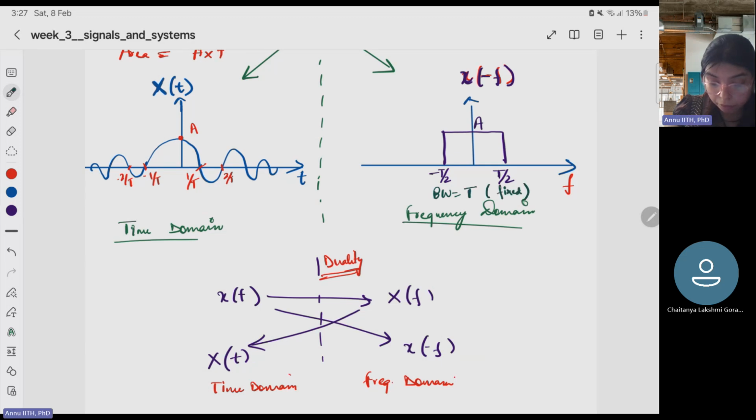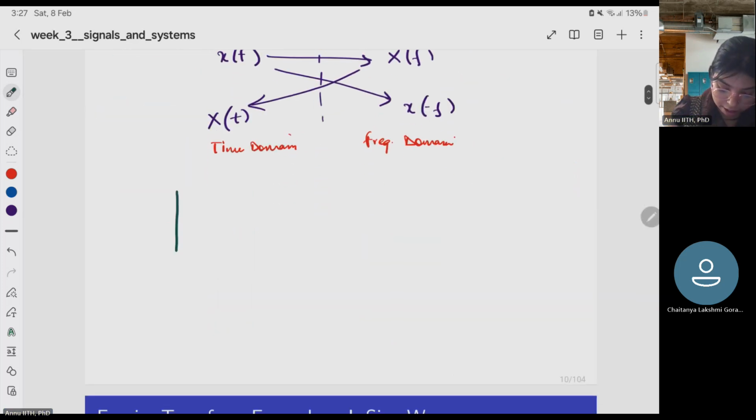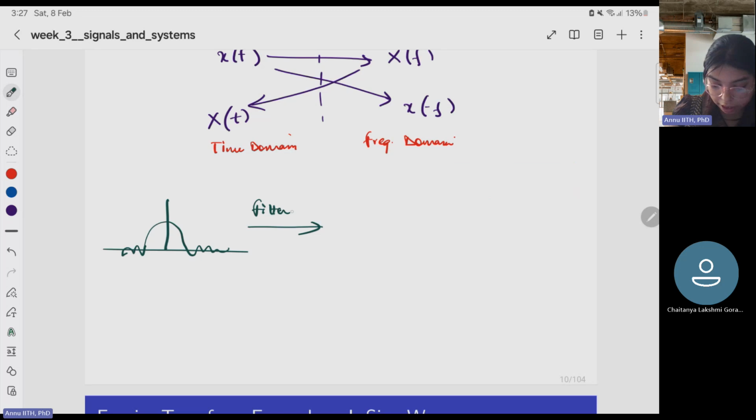Some sort of bandwidth. So in practice, we transmit a raised cosine pulse. So what we do is we have this raised cosine pulse in the time domain. Then we apply a filter. Then we get this.